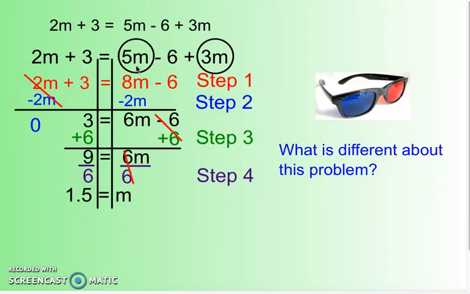Yes, exactly. They are like terms. So if you look at step number 1, the 5m and the 3m have disappeared and became 8m. So what happened was we took the 5 and we added the 3. And so we have 8m, and then the minus 6 stayed the same.